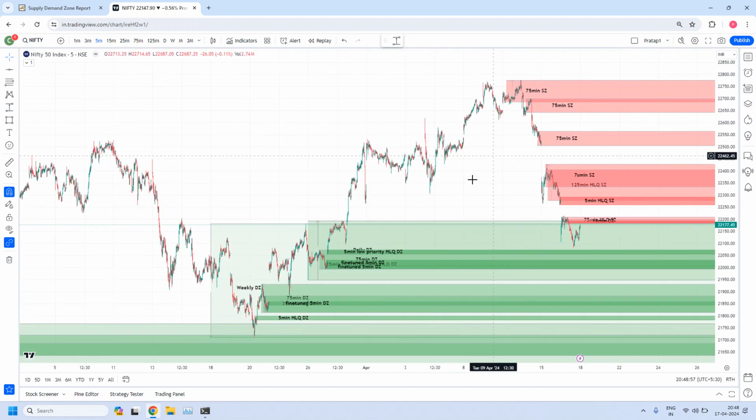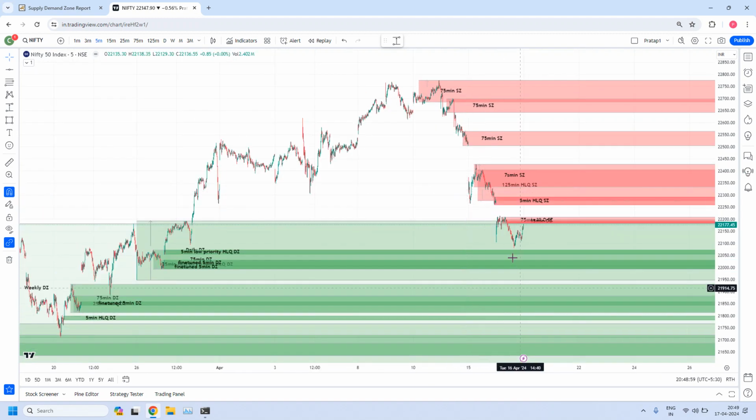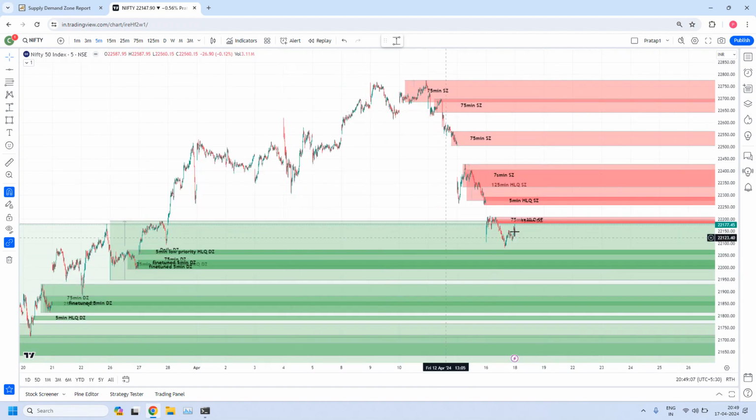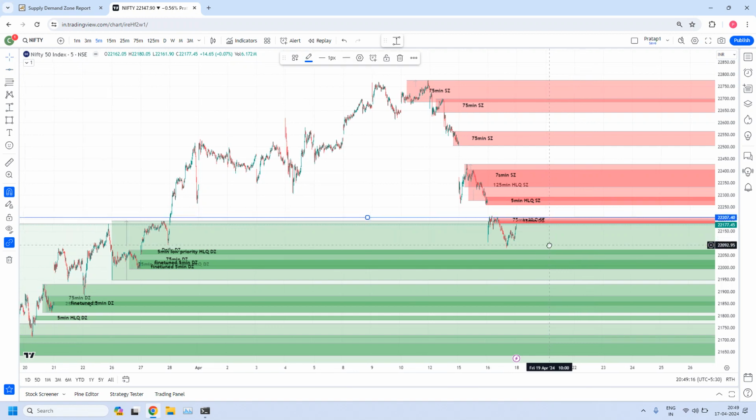Now finally we will see the trading ranges. The first range is between this 75 minutes high liquidity zone and inside this daily 75 minutes high liquidity zone. Probably the ranges will be like this. Where is the info line? Okay.